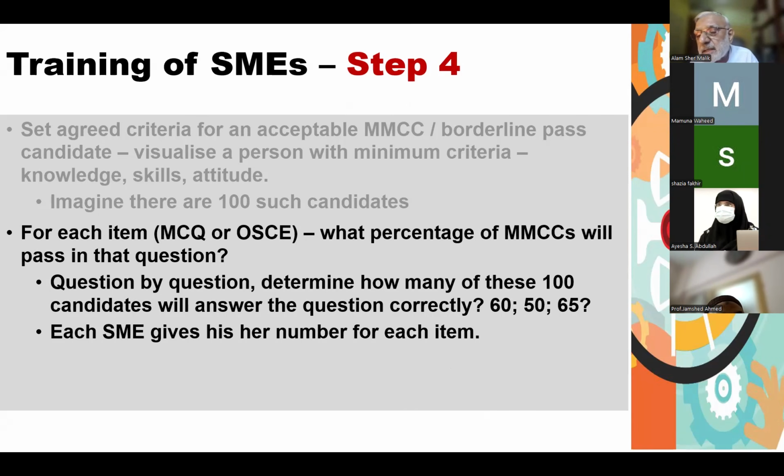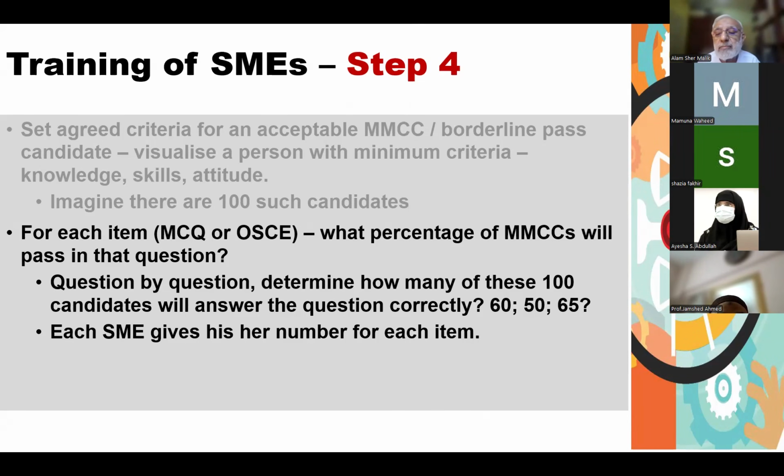So once we have trained them and they have an idea of what is expected of a minimally competent candidate, then they can give their number. That's the way the question is asked: imagine there are 100 such candidates, and then question by question determine how many of these 100 candidates will answer the question correctly.